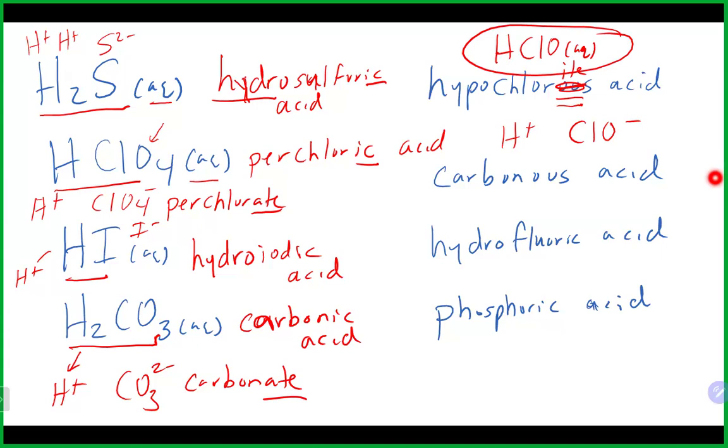How about the second one here? Does it contain oxygen or not? Second one does contain oxygen. Again, there's no hydro, right? So it tells me it contains oxygen. Polyatomic ion here, OUS, means it started with ite. So that is carbonite, which you may not be familiar with, but it does sound a lot like this guy, which is carbonate. And if that's carbonite, how many oxygens less should it have?